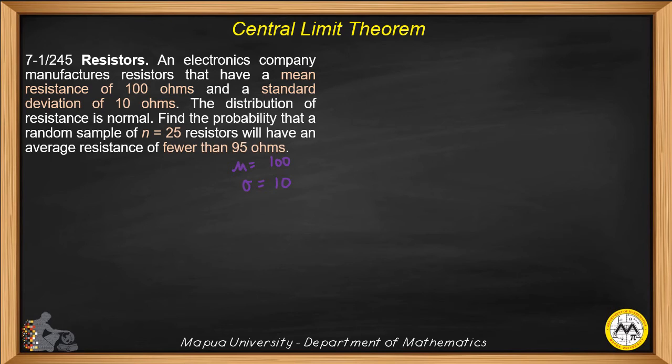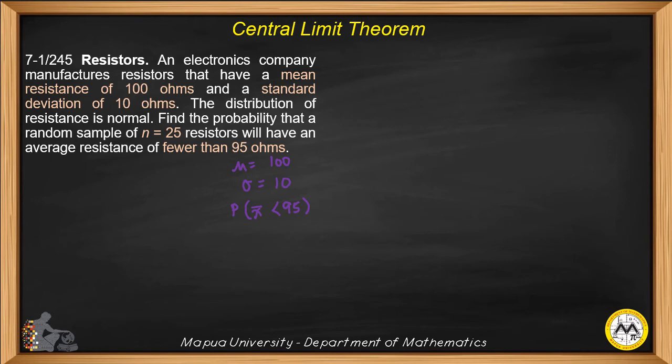The distribution of resistance is normal. Find the probability that a random sample of n equals 25 resistors will have an average resistance of fewer than 95 ohms. So we're looking for the probability that the sample mean would be lower than 95.